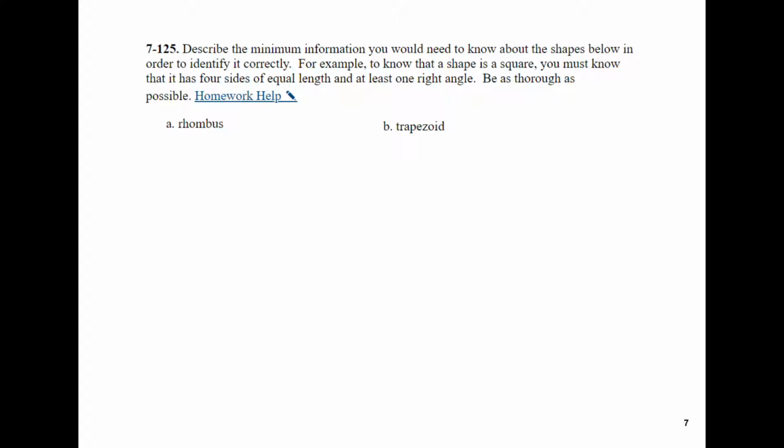So the minimum amount of information we would need to know to make sure that it must be a rhombus is we would need to know that it is a quadrilateral, and we would also need to know that the 4 side lengths are equal.